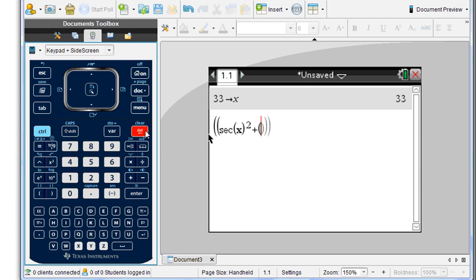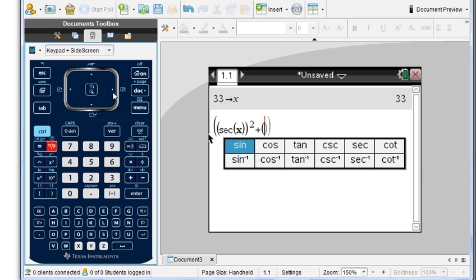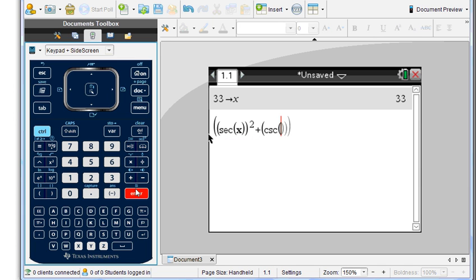I think we want to go secant squared, and we have to put squared outside of this here. Okay, there's squared, plus, open parentheses, cosecant x. We've got to go outside the x and outside the next parentheses, squared. Okay, I think, oops, squared.